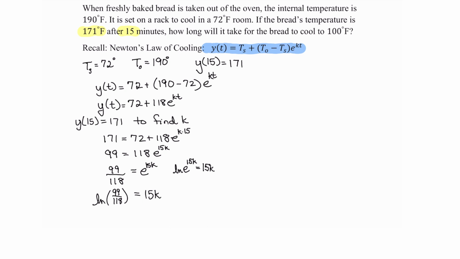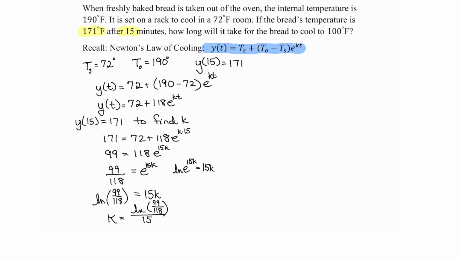Solving for k, we'll divide both sides by 15 and we get k is equal to the natural log of 99 over 118, that expression divided by 15.